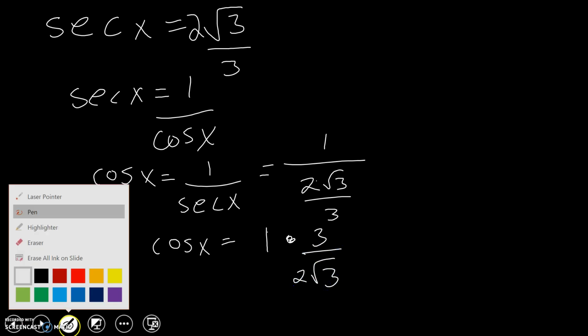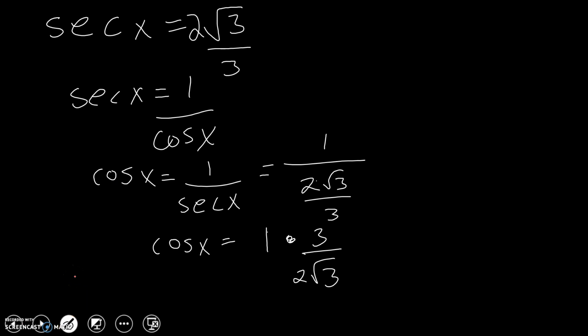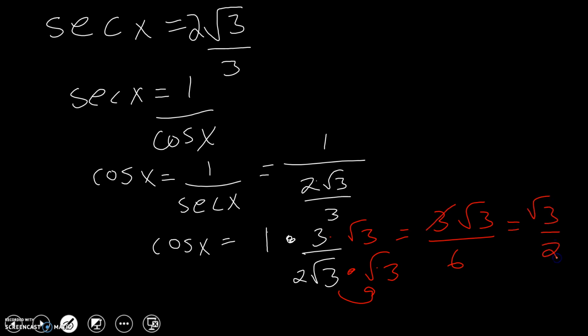Now remember that we cannot have a root in the denominator, so we multiply by root 3 over root 3, which gives us 3 root 3 over 6. We can simplify this further, which gives us root 3 over 2.